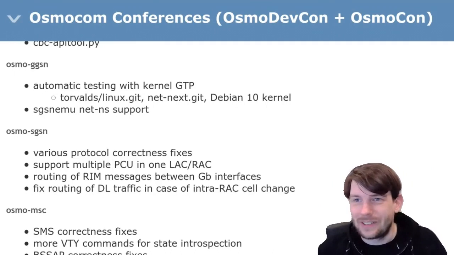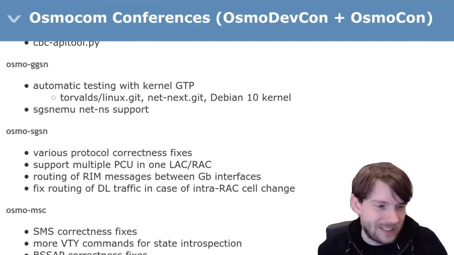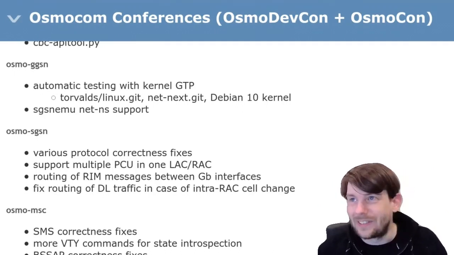Everybody is busy working on code or documentation or deployments or whatever. But yeah, it's nice that somebody took the time to document what we do and what we are.